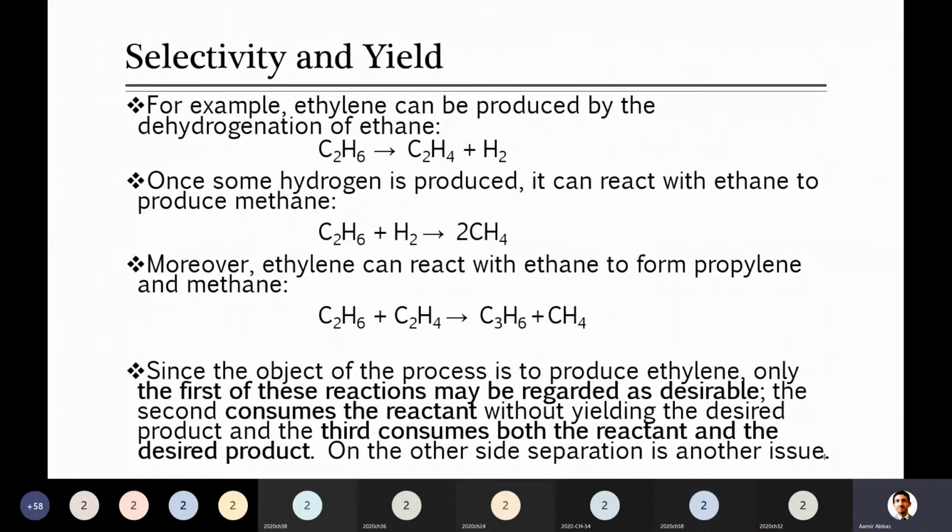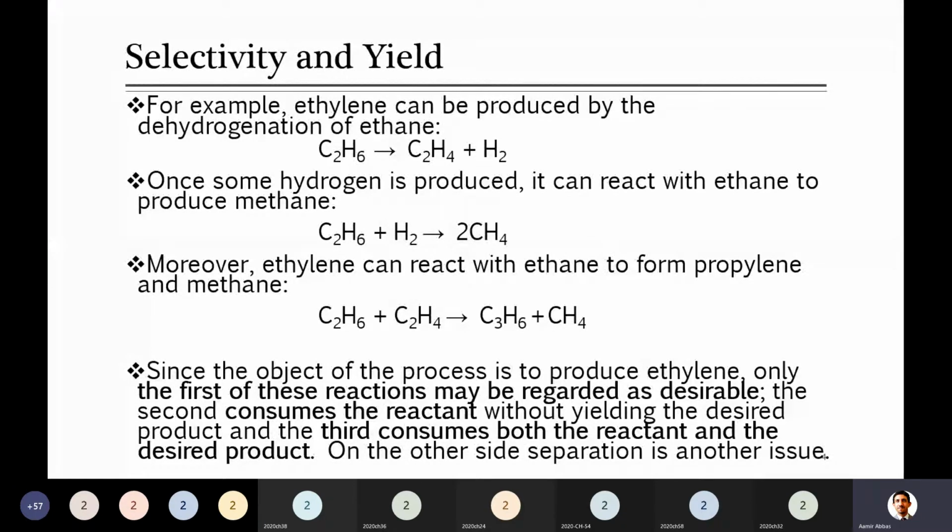Sometimes in some question, you are asked to find the selectivity of your product with respect to all undesired products. When I say with respect to all undesired products, it means in the denominator of the selectivity equation, you will take the moles of all, for example, methane as well as propylene. Here there are only two. But sometimes, when you are designing the reactor, you have to find the selectivity of your product with respect to only one byproduct.